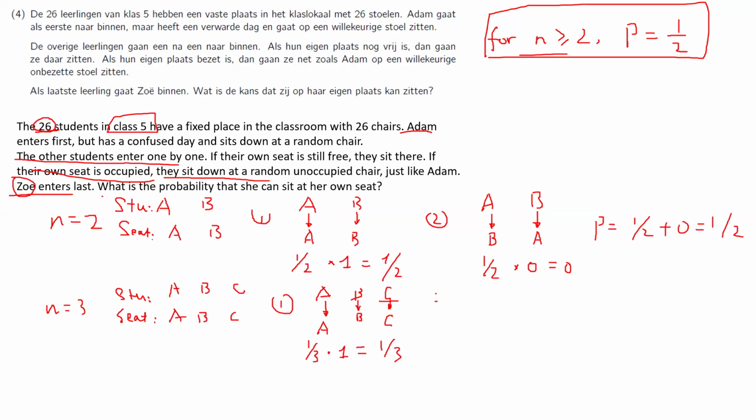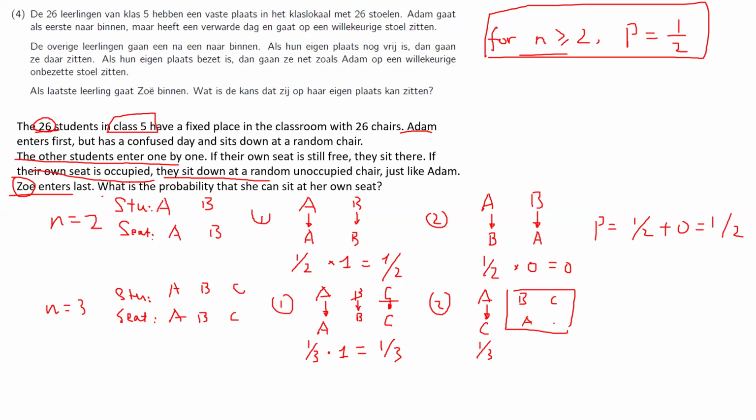In the second case, A directly selects C. And in this case, there's also 1/3 probability. And now for the rest, we still have B and C to select. And what are the seats here?